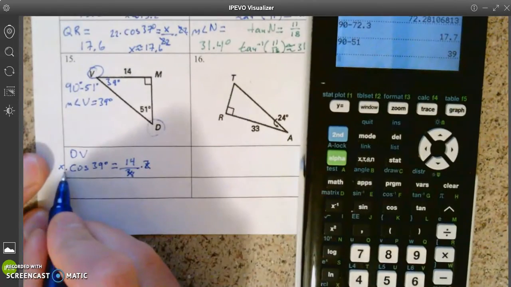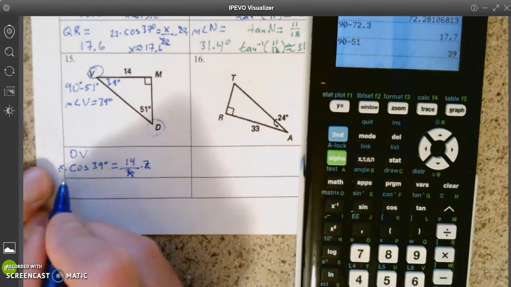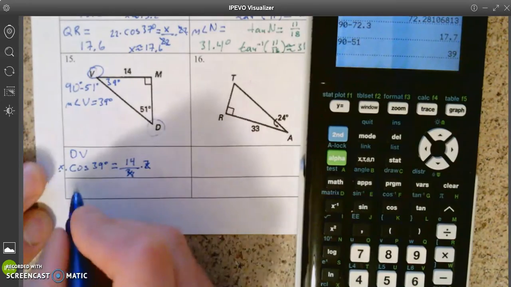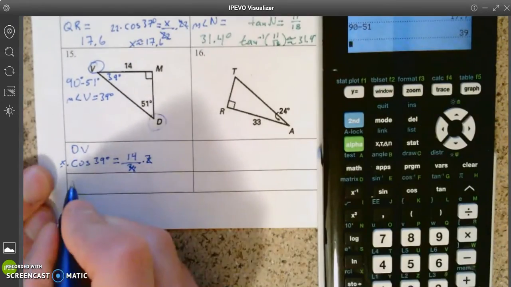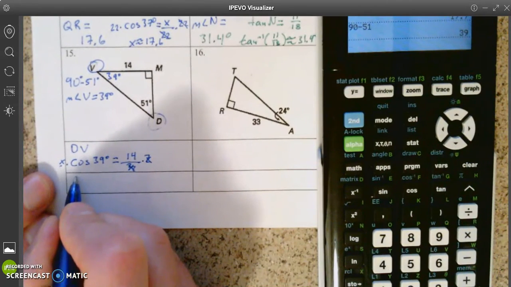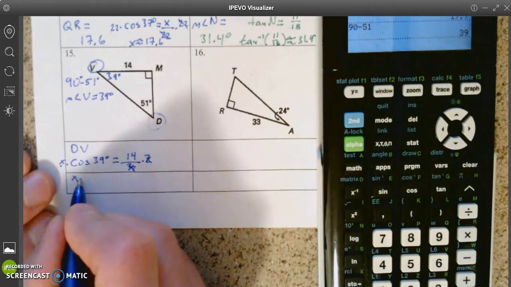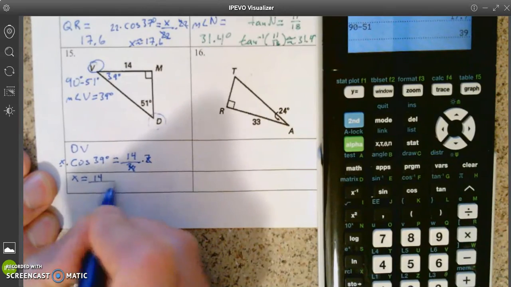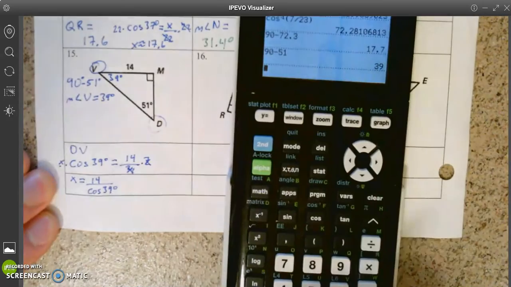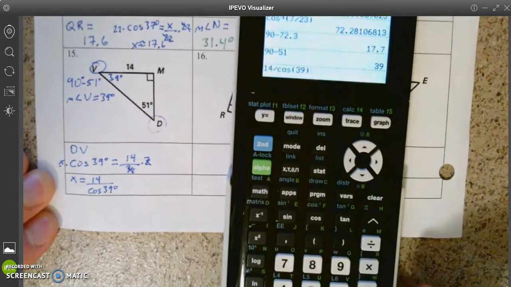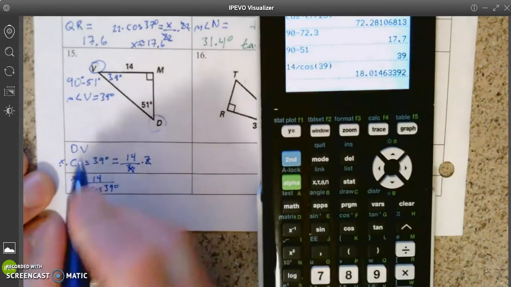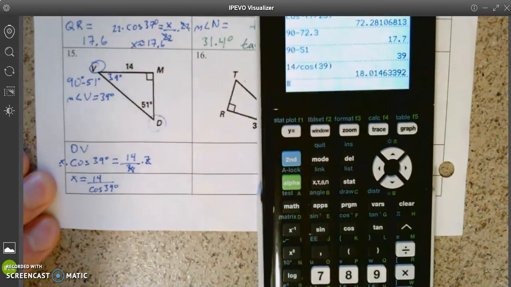Then I'm going to divide by cosine of 39 degrees on both sides, working in this box here because I'm running low on space. So x equals 14 divided by cosine of 39 degrees. 14 divided by cosine of 39 degrees gives me the length is about 18.0.